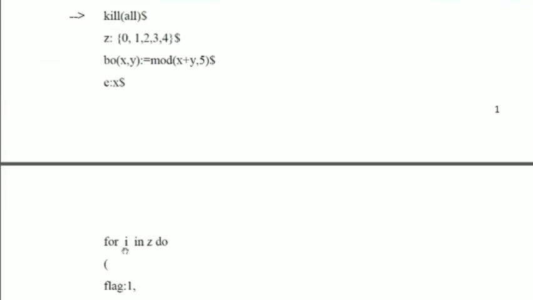Now let's see by giving values for i. Say suppose i is 0, then flag is 1. j will take initially 0. So j is 0. Now we'll go to this condition. BO of 0, 0 is 0 plus 0 modulo phi, which is equal to 0. This condition is failing. BO of 0, 0 is equal to 0.